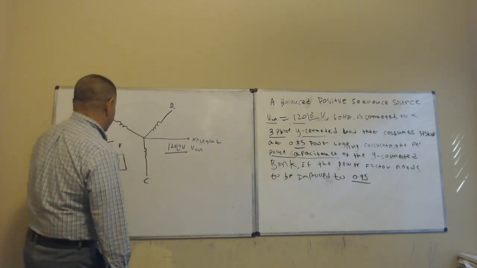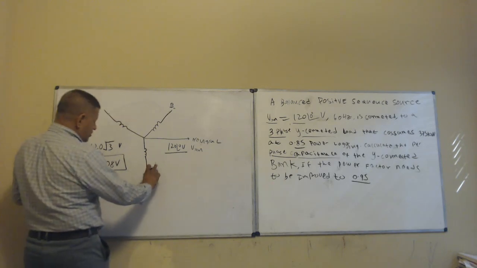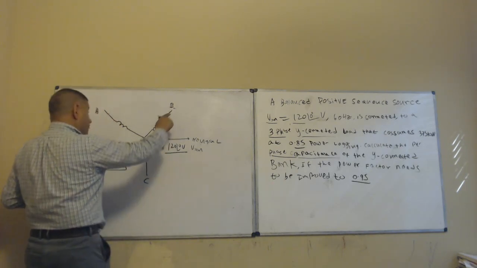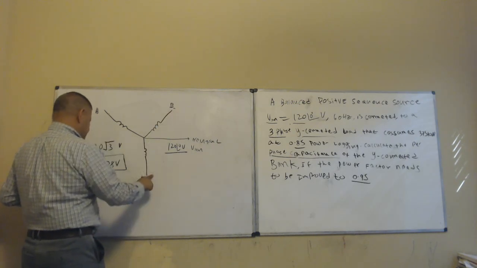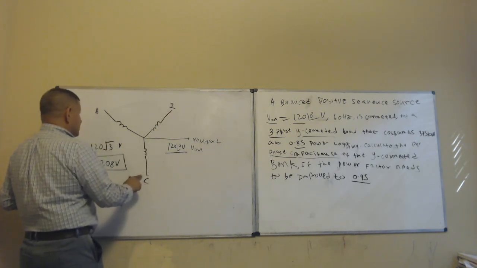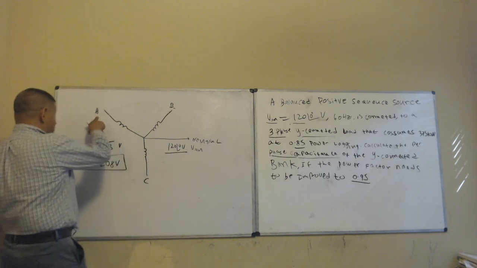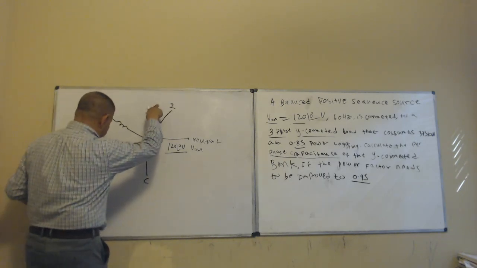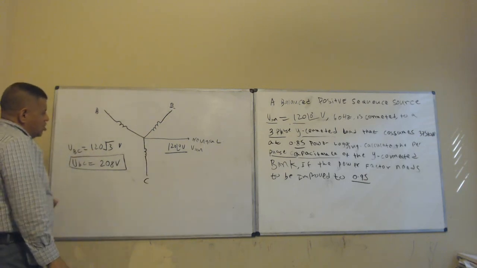So that means from B to C is 208, then from C to A is going to be 208, and from A to B is going to be 208.